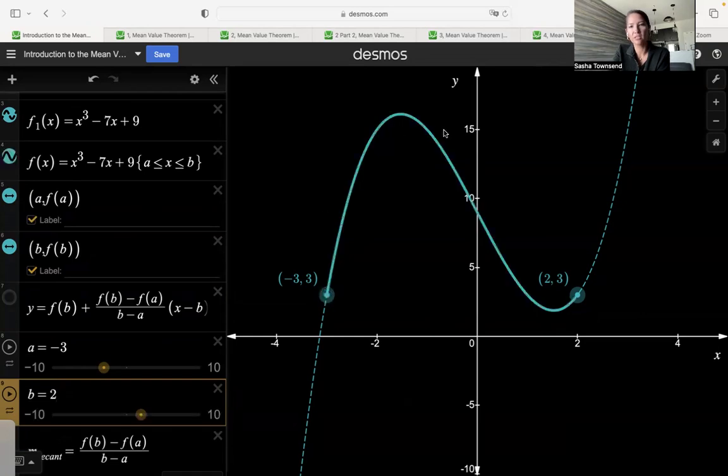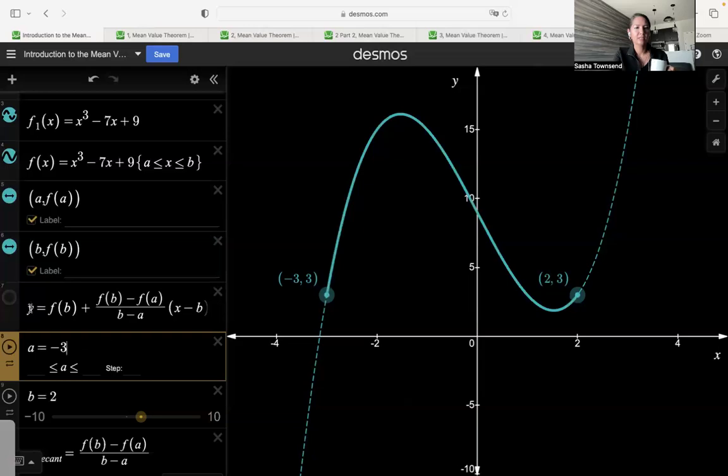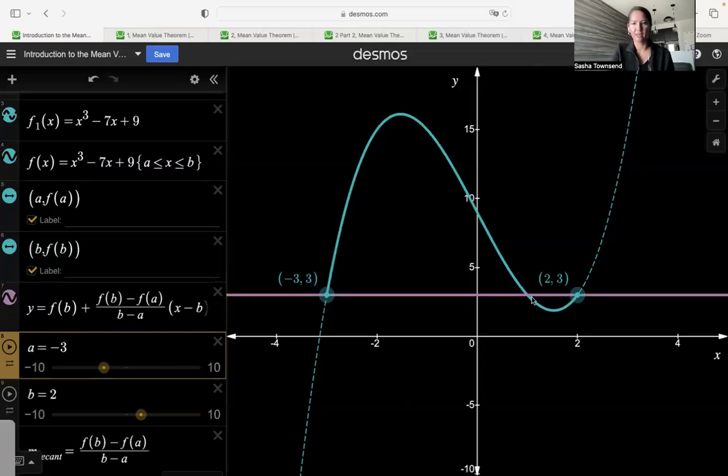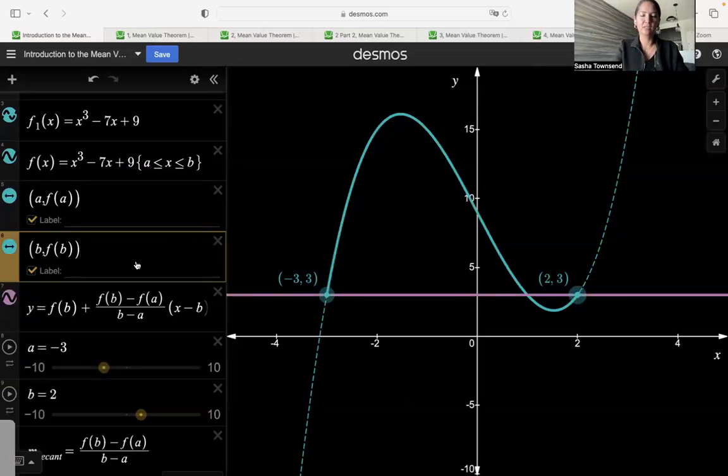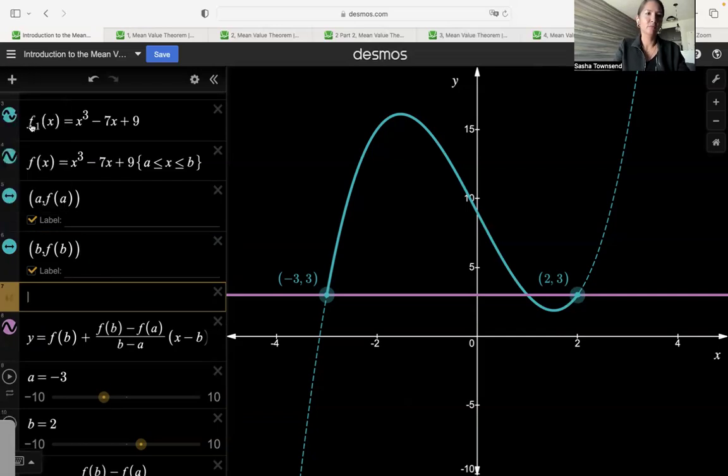So we're just interested in this part of the function. At x equals -3, the y value is 3. At x equals 2, the y value is 2. So if I graph the secant line there, that's what I get. I get a line with a slope of 0.